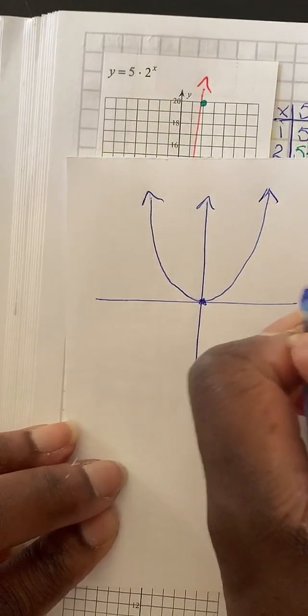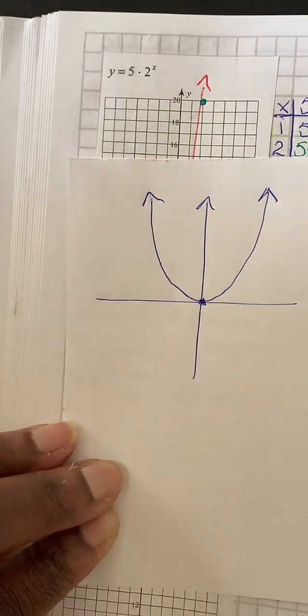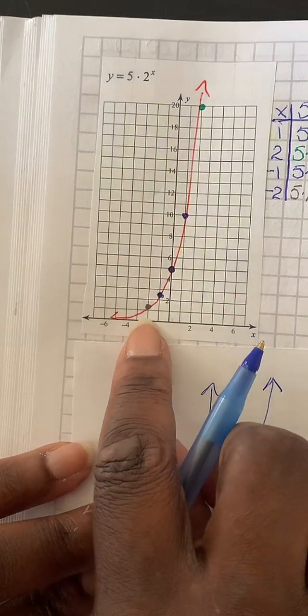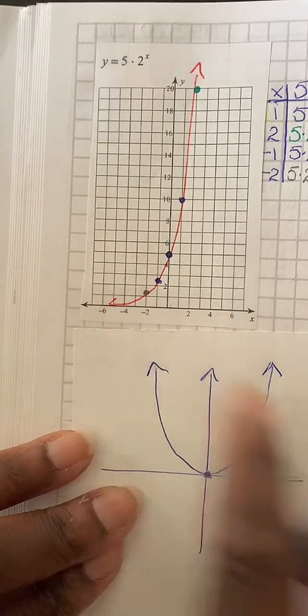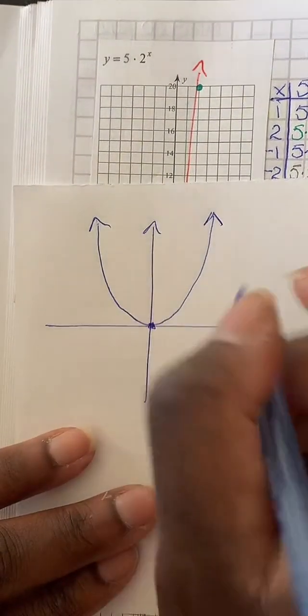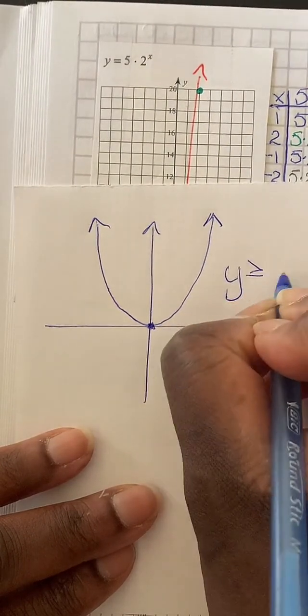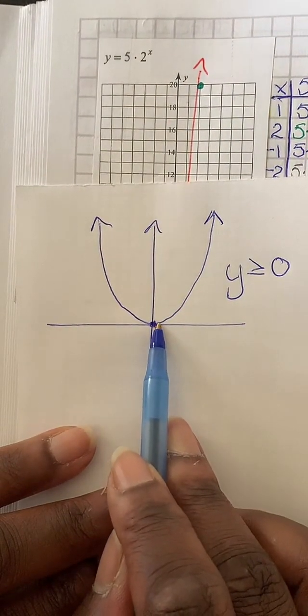So I'm including 0 because it's a point that's on the x-axis. Whereas this one is getting as close as it can to the x-axis, but it's not crossing it. So this one would be y is greater than or equal to 0, because it's a point that's on the graph.